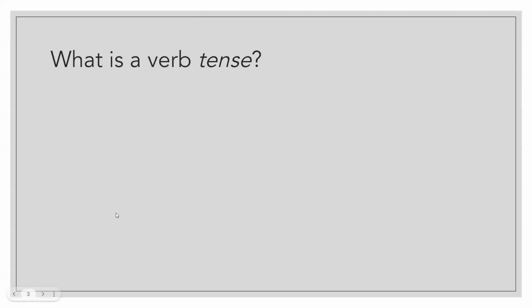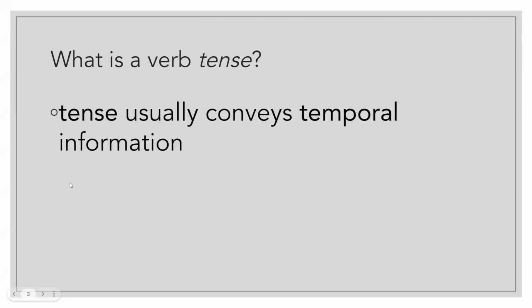What is a verb tense? If you go on the internet, on Google, on YouTube, you will probably see a lot of videos and websites saying that English has 12 tenses, and that's not quite accurate. Tense refers to the temporal information.